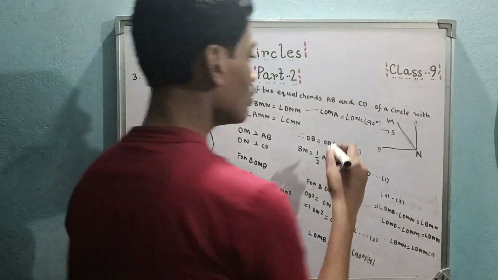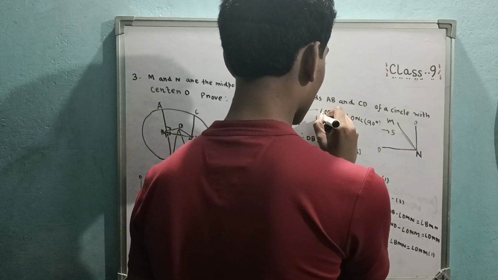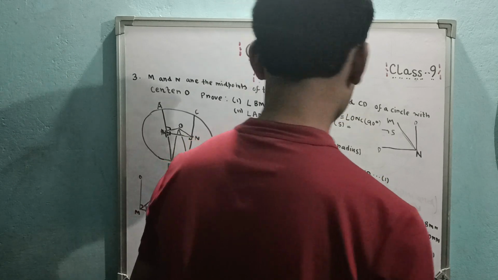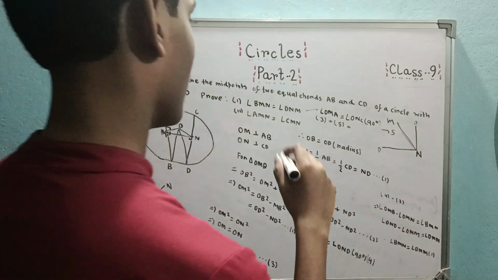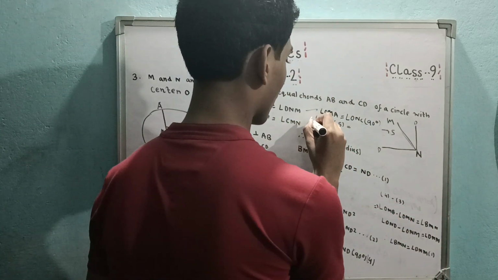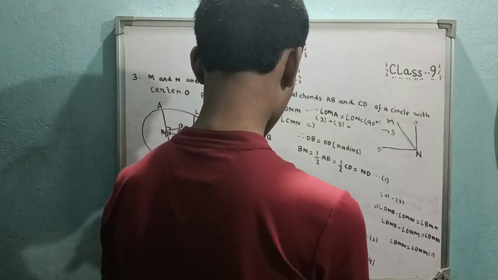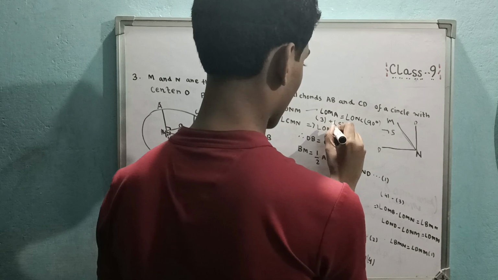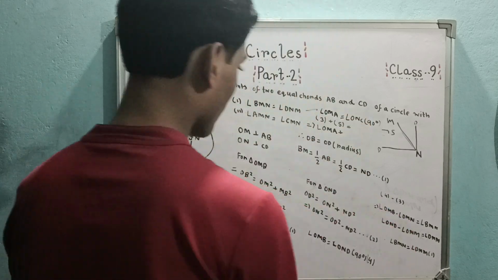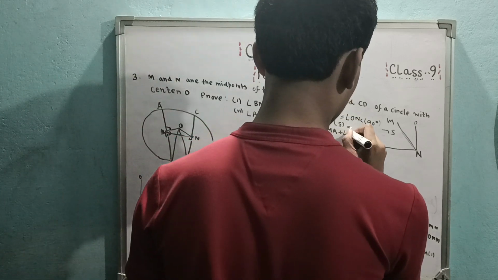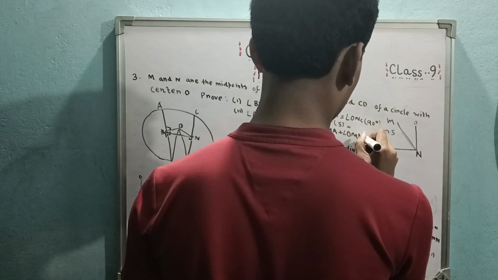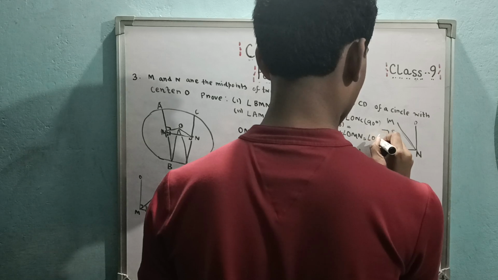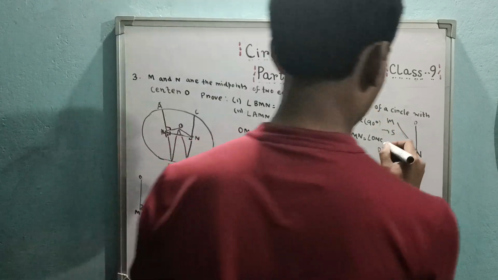So if I do 3 plus 5, that means angle OMA plus angle OMN equal to angle ONC plus angle ONM.